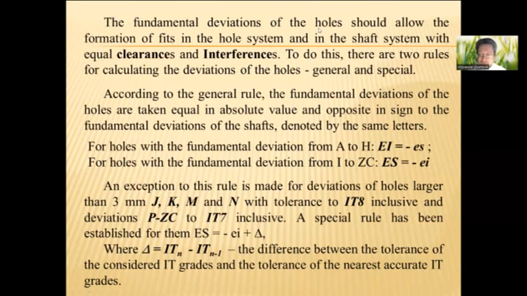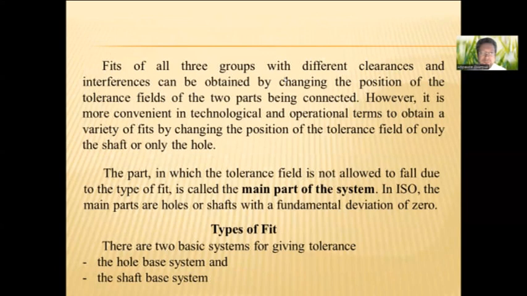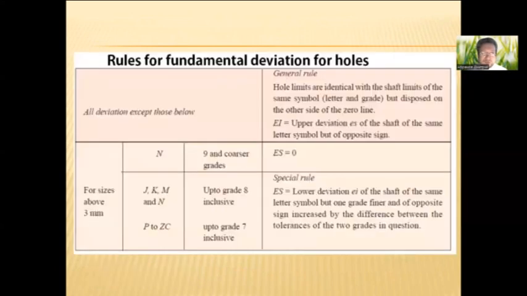The difference between the tolerance of the considered IT grades and the tolerance of the nearest more accurate IT grades. And rules for fundamental deviations for holes. You can see general rule and special rule.